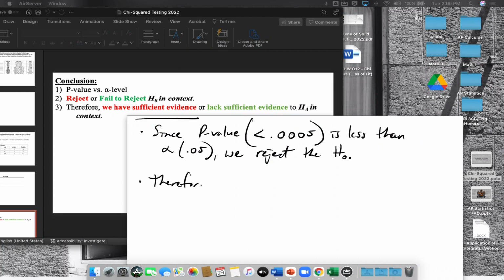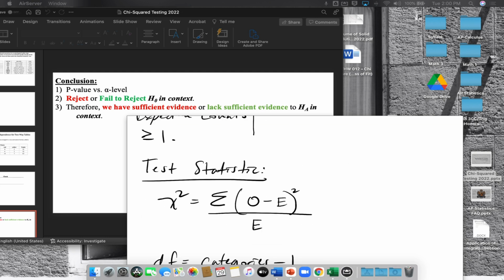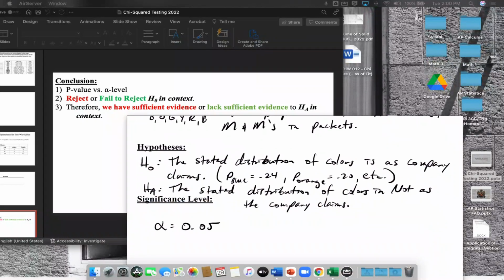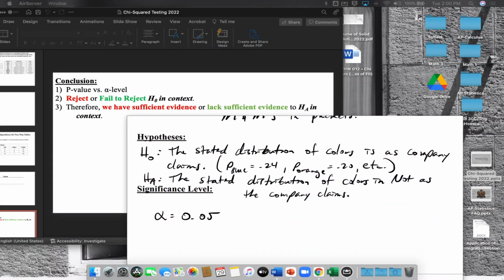Therefore, we have sufficient evidence to show or to suggest that, how do we put the alternative in? So what would we say?